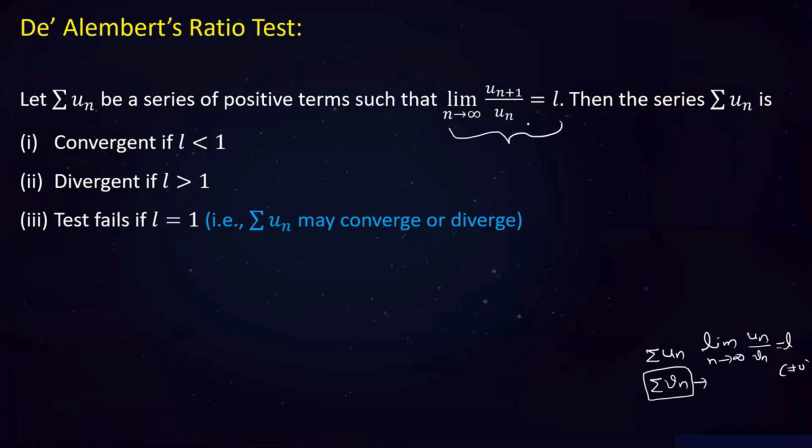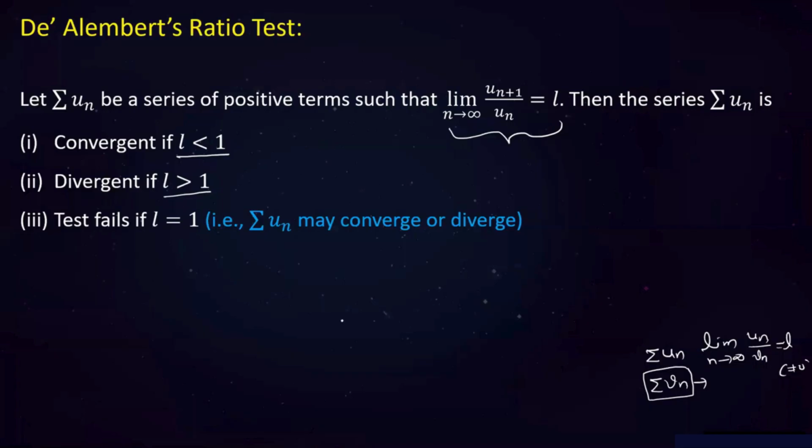If this limit is a finite value, let us say L, and if this L is less than 1, then you say the given series is convergent. And if that limit is greater than 1, you say the given series is divergent.